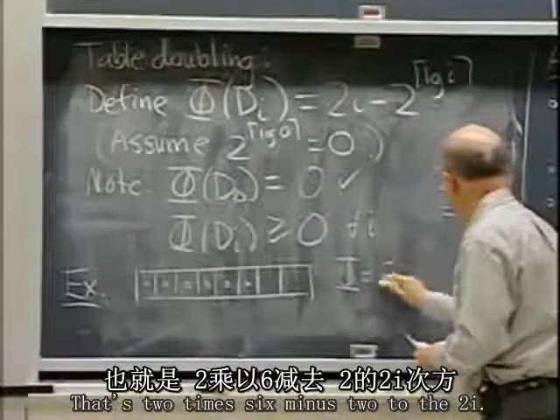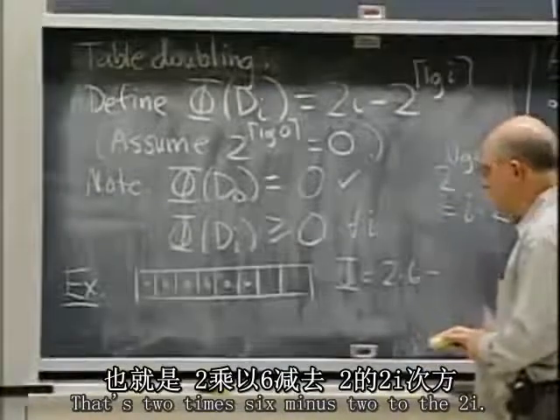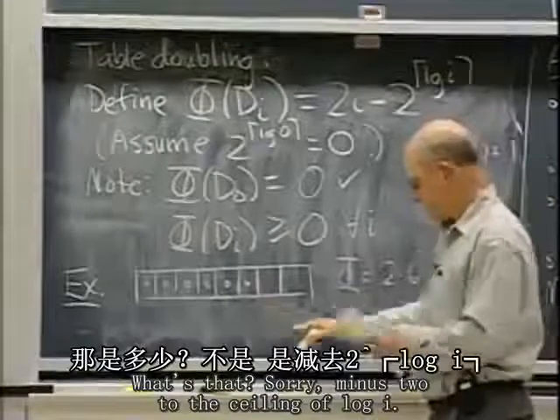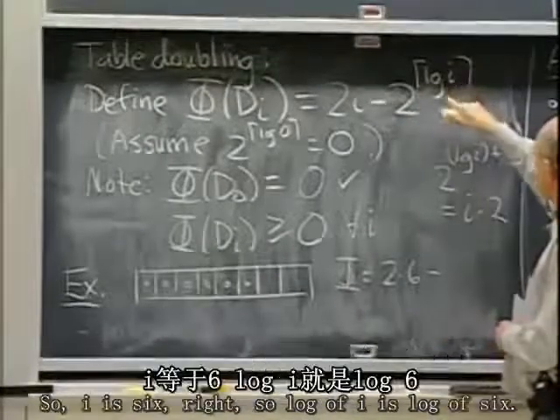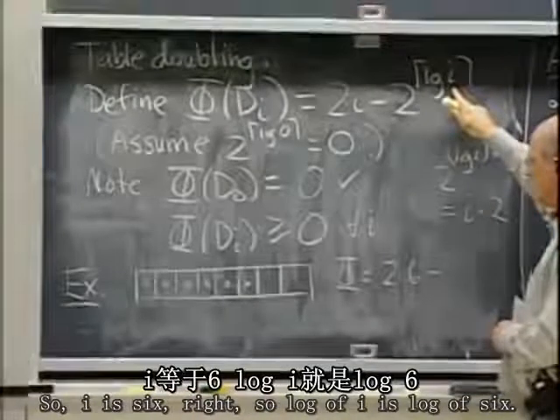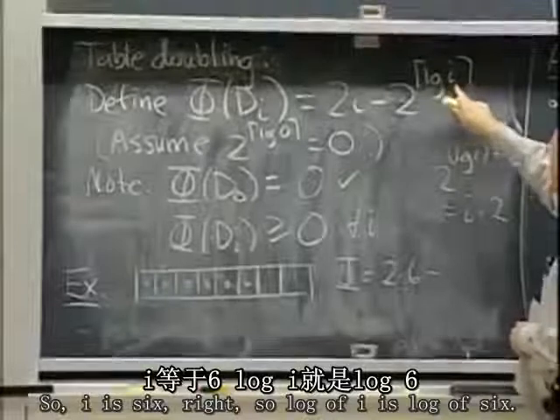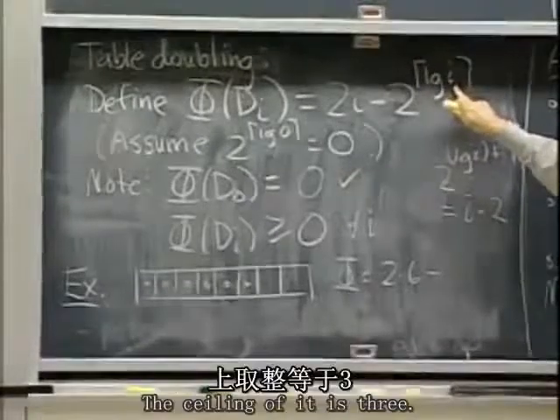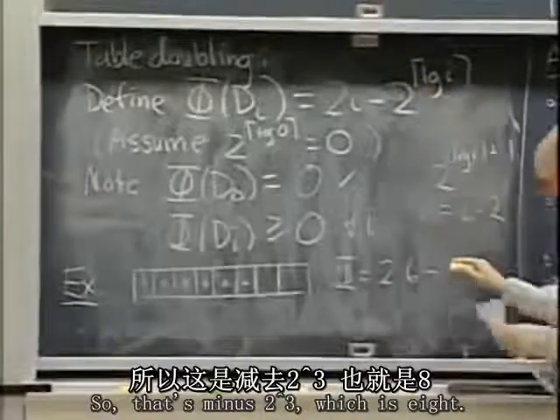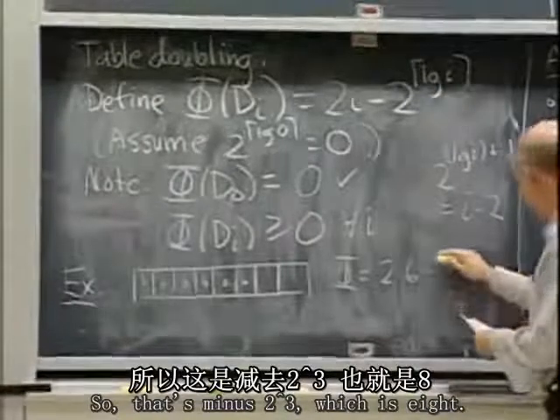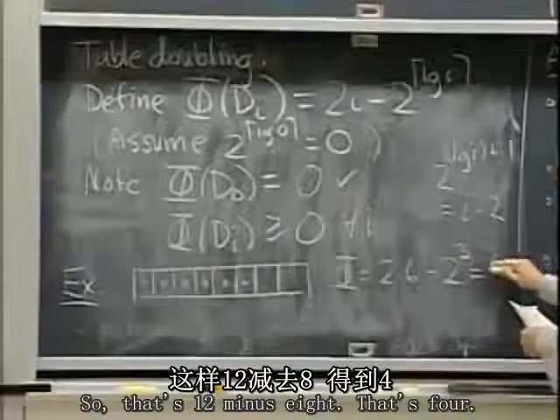That's 2 times 6 minus 2 to the ceiling of log i. So i is 6, right? So log of 6, the ceiling of it is 3. So that's minus 2 to the cubed, which is 8. So that's 12 minus 8, that's 4.